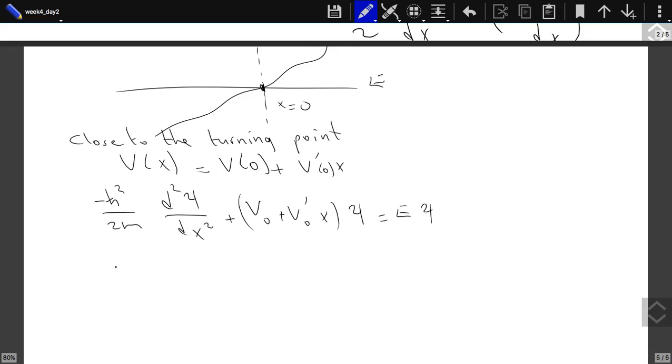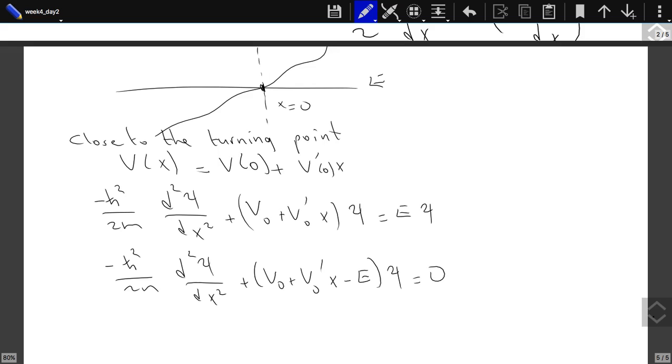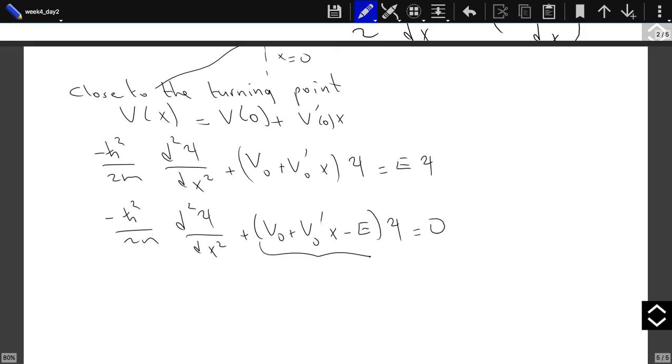Or we can say that this is minus h bar squared over 2m d squared psi by dx squared plus v0 plus v0 prime of x minus e psi. This is equal to 0. We can just rename this variable. This is v0 plus v0 prime x minus e. This is our new variable y.